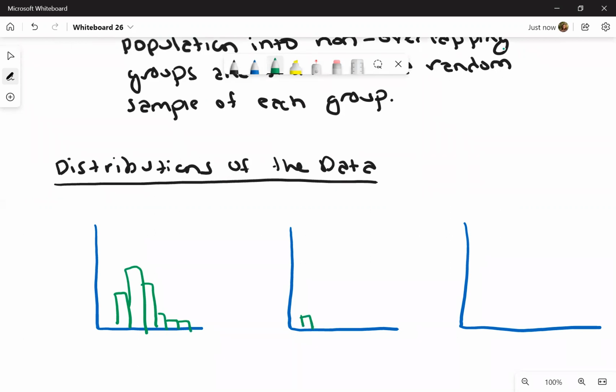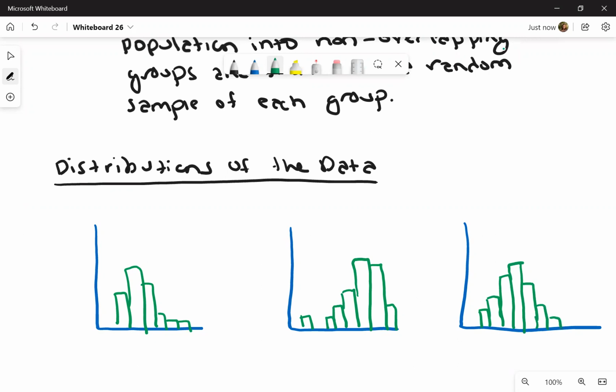And the second one looks like this. And the third one looks like this. Oops. I'm trying to make the rectangles as equal length as I can, but I'm not doing all that great of a job. It's fine. It's just a loose drawing.